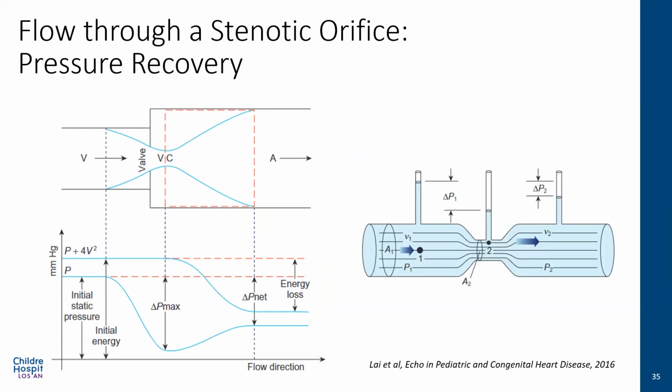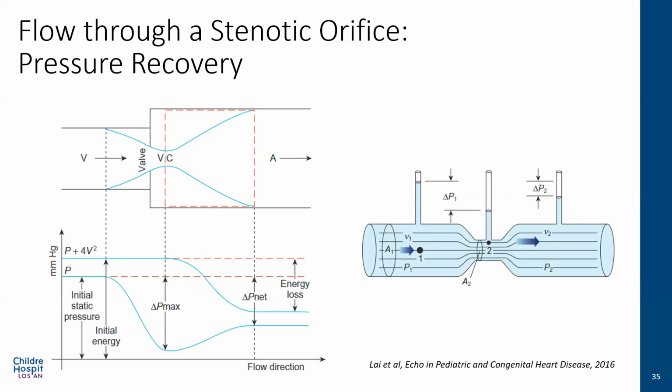Another thing that we have to take into account when we're looking at flow through a stenotic orifice is this concept of pressure recovery. So the figure on the left, that top, is basically your LVOT. The V is the LVOT, your valve is your aortic valve, VC is your vena contracta, and A is your ascending aorta. And the bottom corresponds to changes in pressure and total energy as you move through this vessel. So initially, kinetic energy is small and static pressure dominates.